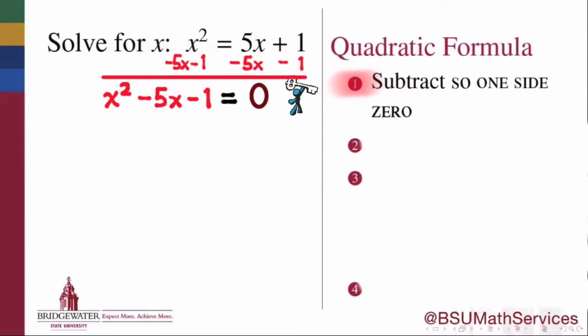Factoring this expression as a product of two binomials would lead us to ask the question, what two whole numbers multiply together to give us -1, and also add together to give us -5? Well, unfortunately, as hard as we try, we're not going to find a pair of whole numbers which accomplish that task.